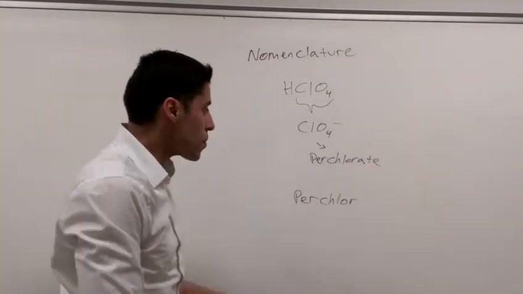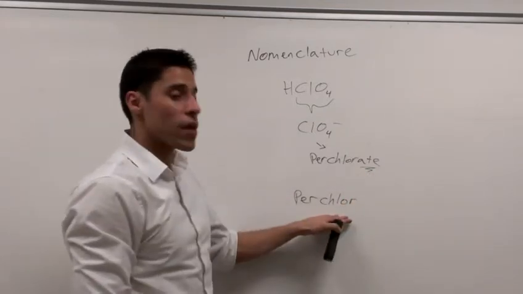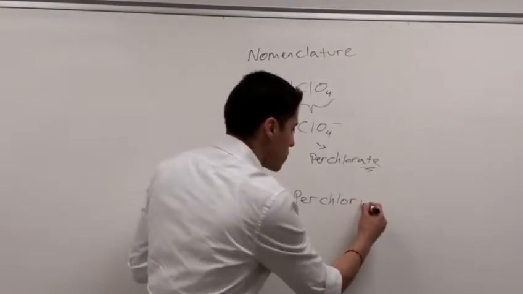Now the ending of oxyacids is going to depend on the ending of the oxyanion. If the oxyanion ends in ate, the acid is going to end in ic.